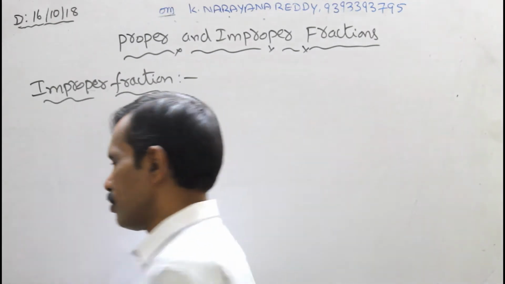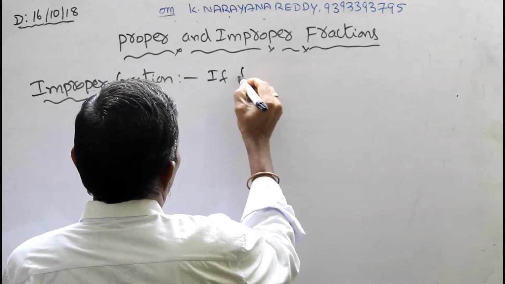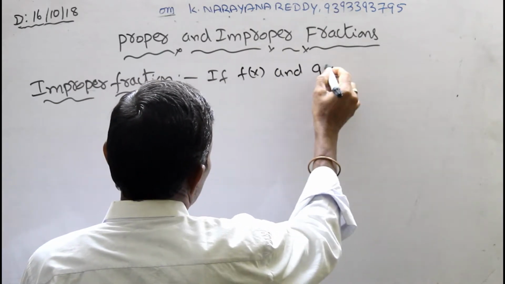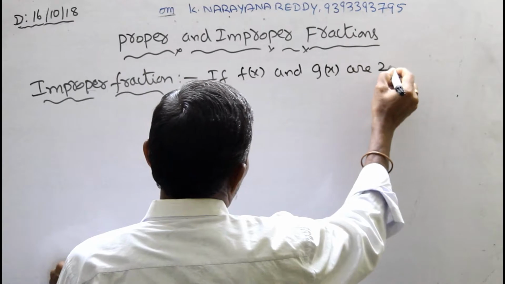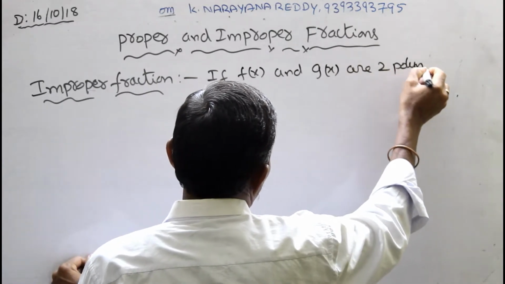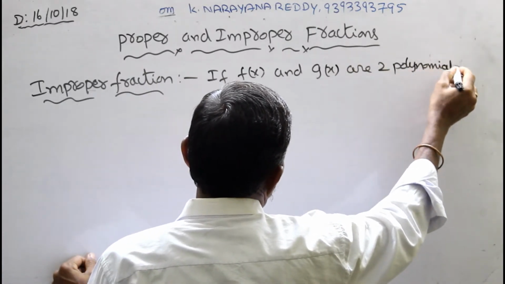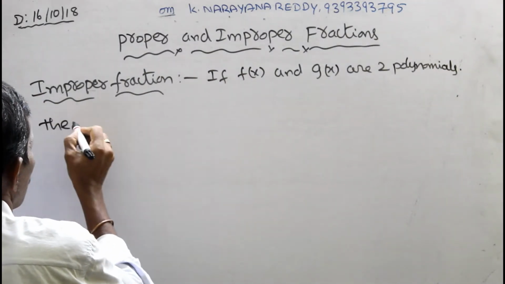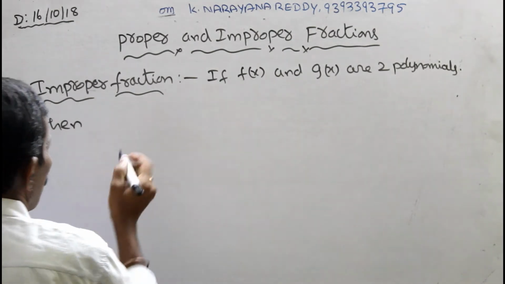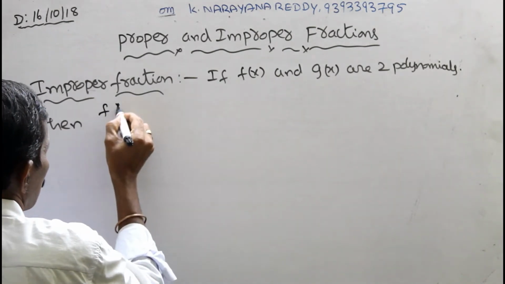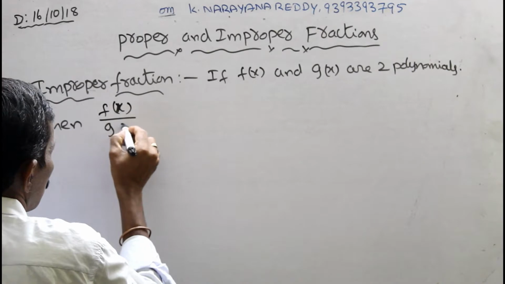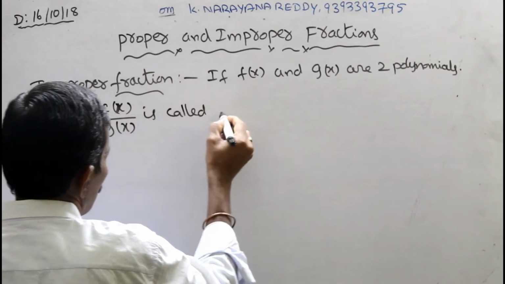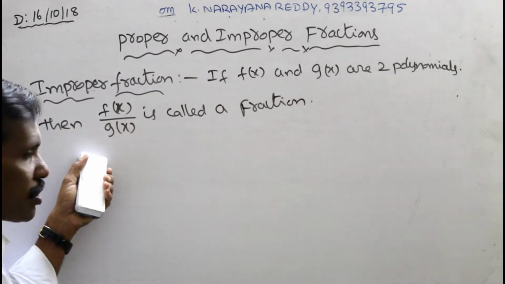If f of x and g of x are two polynomials, then f of x divided by g of x is called a fraction.